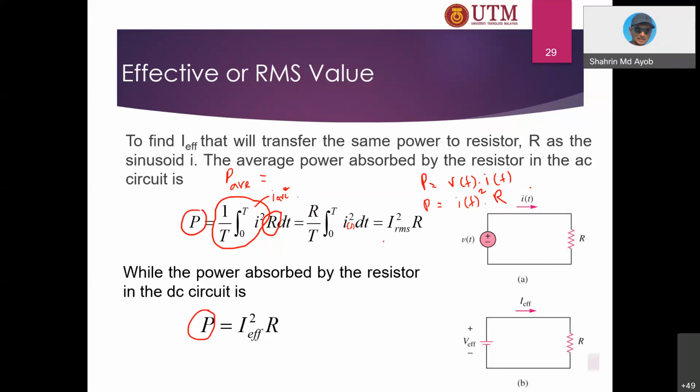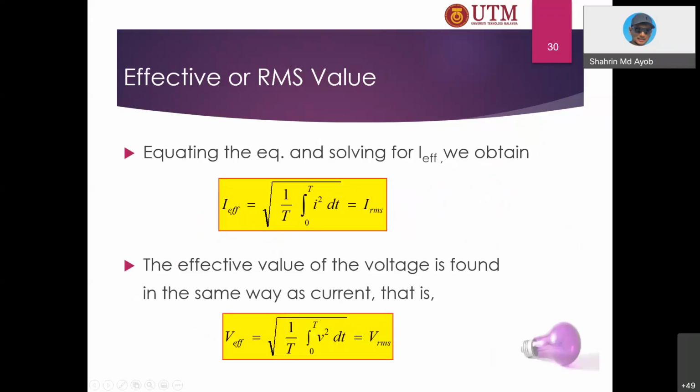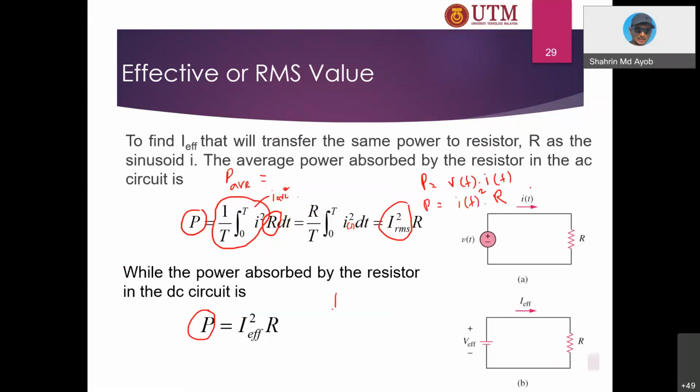So right now, what is the current that can produce the same power as the DC circuit? From this, we can see that I effective squared is equal to 1 over T, integral from 0 to T, of i(t) squared, which is your I RMS.